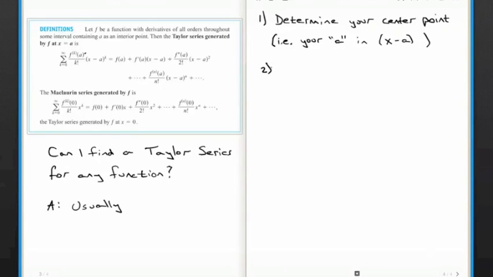2. Find several derivatives. We're going to find several derivatives.